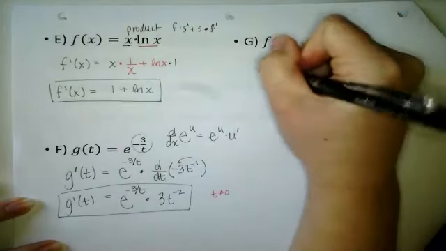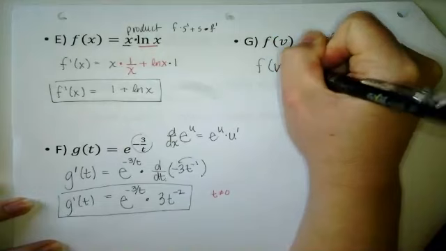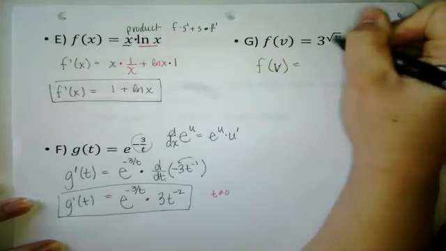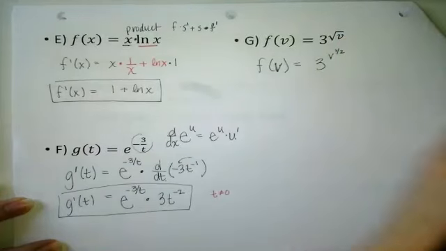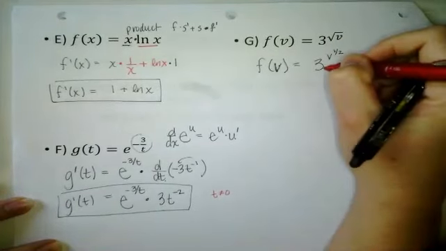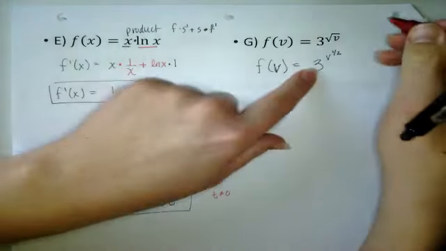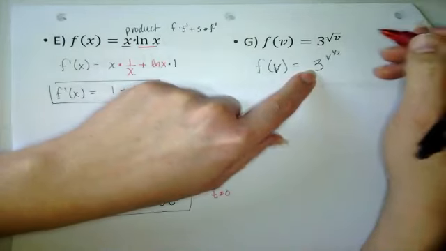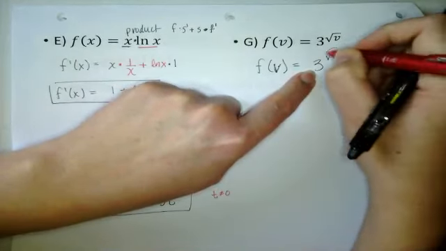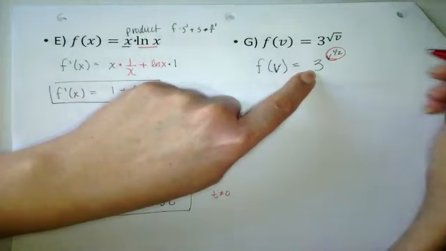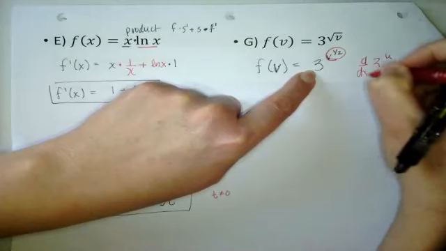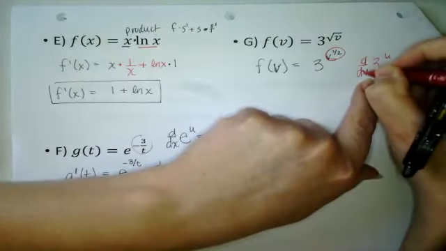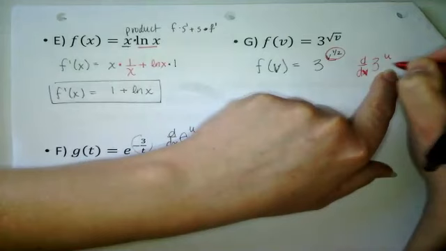Here's the last one here. I'm going to do a little bit of rewrite. That's a v. Because again, no radicals. We want power. So this is v to the 1/2 power. So, this is exponential other base. Other base exponential. And we've got this sort of u. So this is 3 to the u. And if we want to find the derivative of that, this would be dv, but whatever.